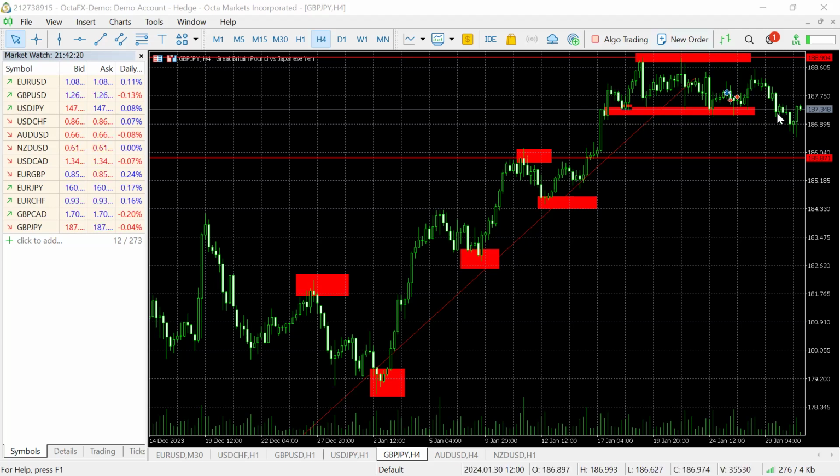Sometimes it could be a false break. Let me show you. So this is like a range where the market has been before. Let me take it up a bit. You can see that it came under it, and then it has gone back up to that place.